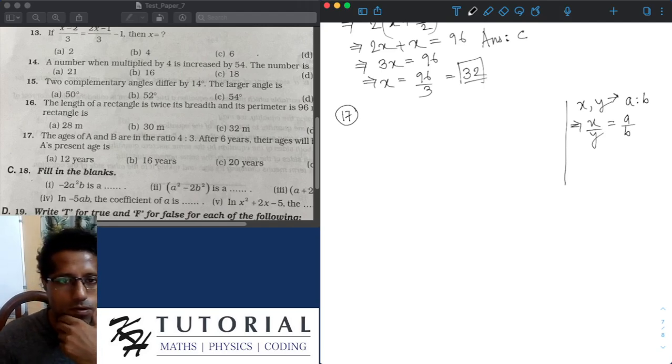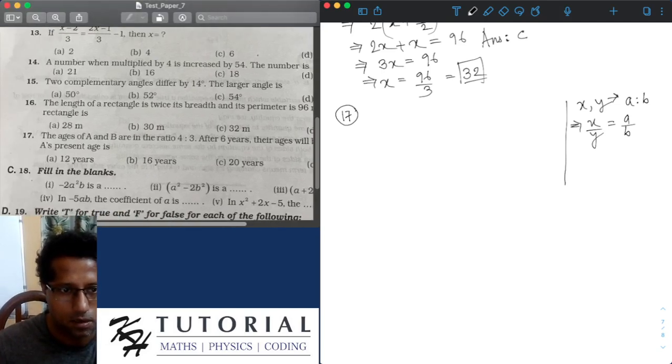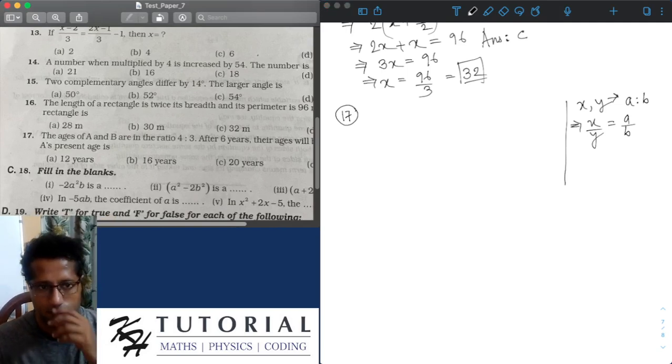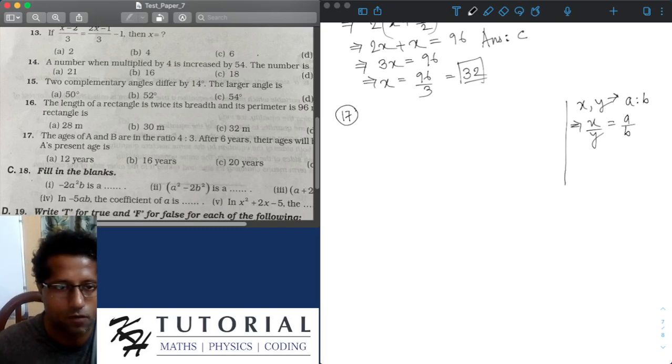So we have to find the ages of A and B, but the question has asked A's present age. It is asking the present age of A.